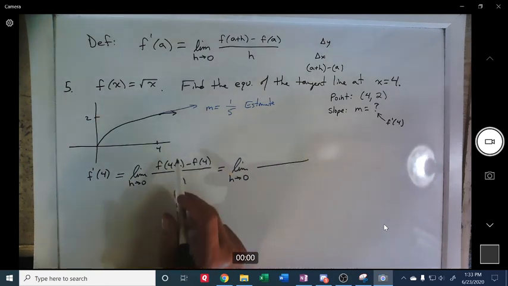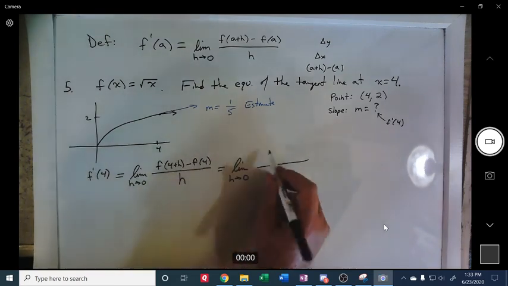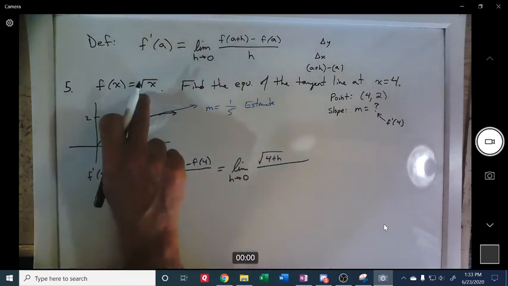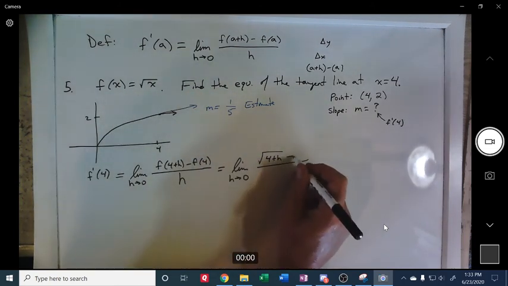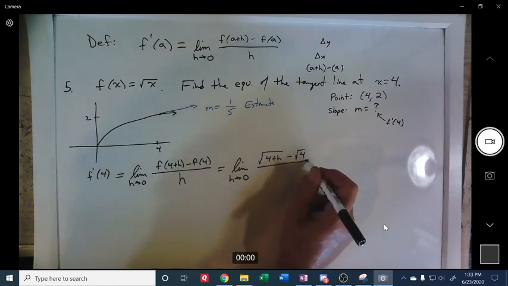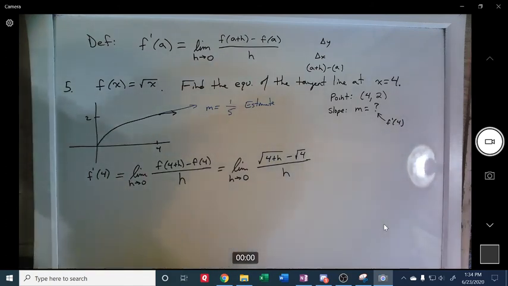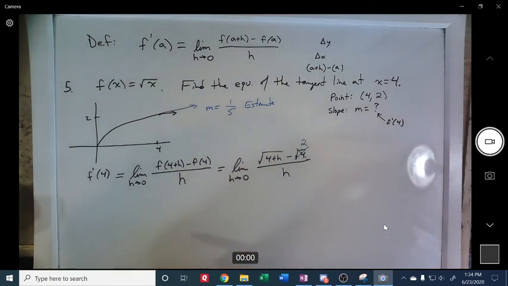Now the function is square root, so I just plug in 4 plus h into the square root function. I plug in 4 into the square root function. Now this 4, when you square root it, turns out to be 2.